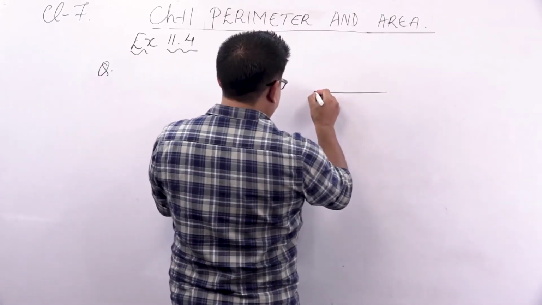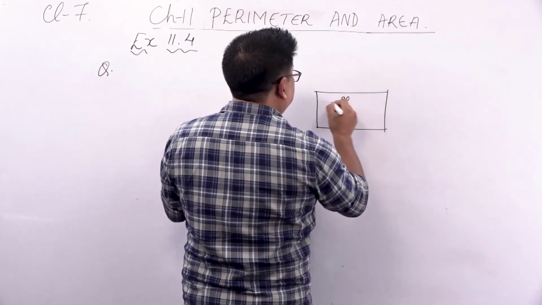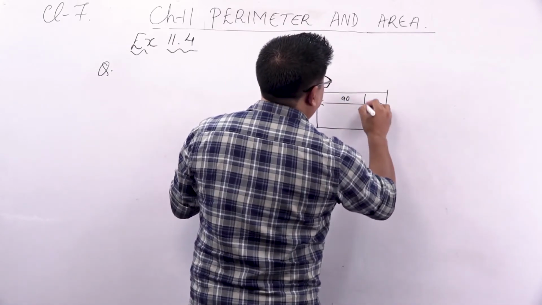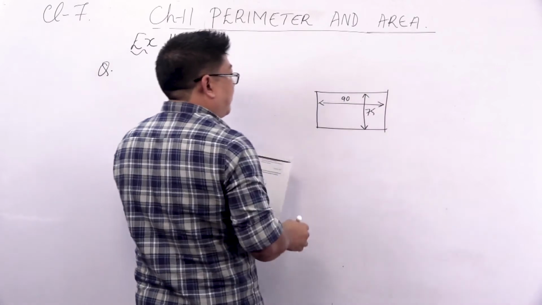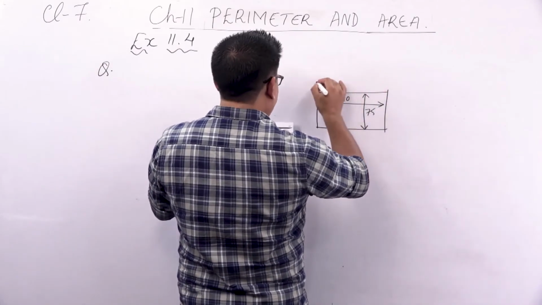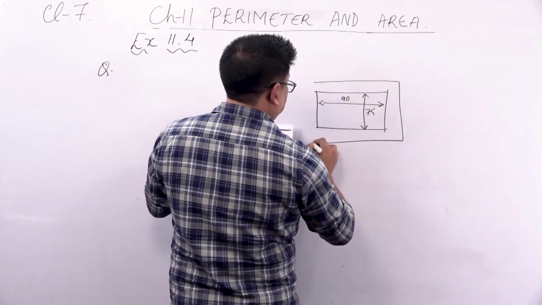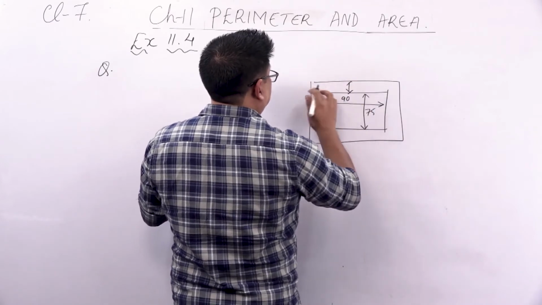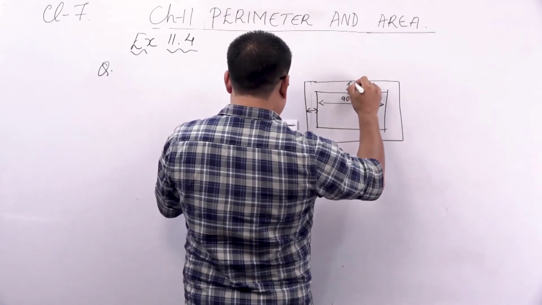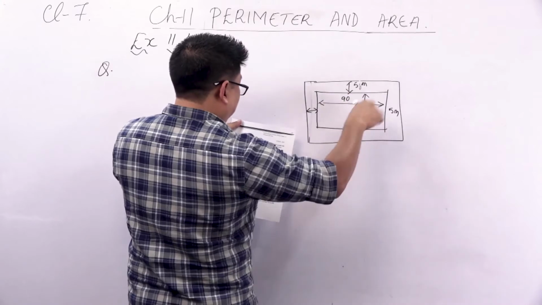First, they have given us a garden that is 90-meter long and 75-meter wide, and then they are going to build a 5-meter wide path outside this. All this is 5 meter, so the path is 5 meter.